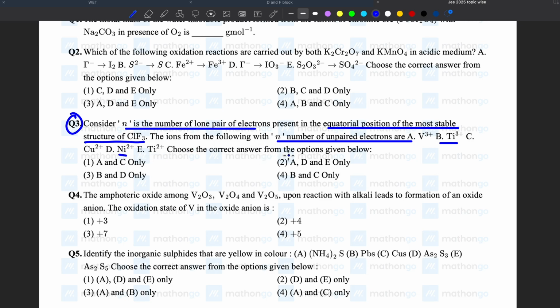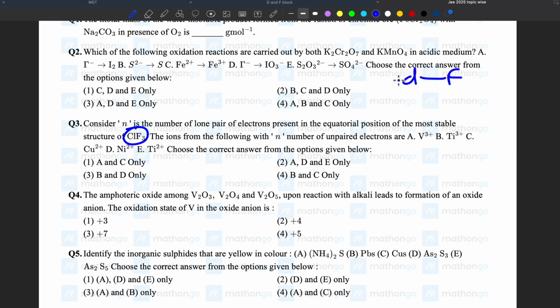Choose the correct answer from the below. Answer this question, try it. The question is confusing. In ClF3, the structure is T shape, right? ClF3 is in T shape.